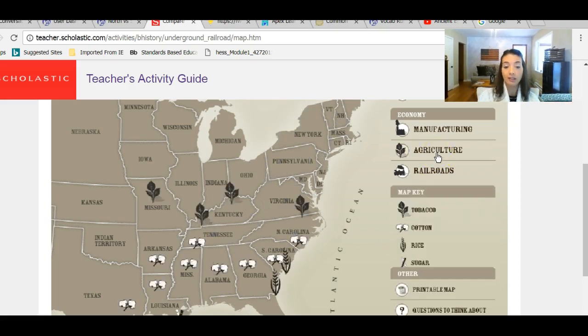Opposed to the states that are making money from agriculture, all right? And we have learned that in the South, the economy based in agriculture is heavily reliant upon slave labor, okay? And then you can see the different kinds of crops that they grew.